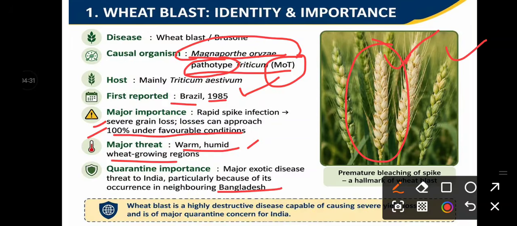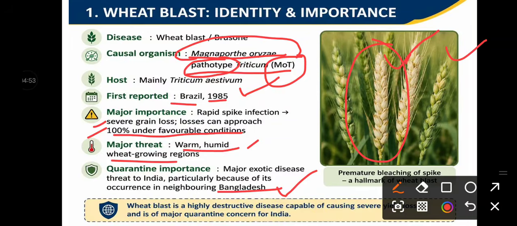In 2016, an epidemic of wheat blast was observed in Bangladesh. That's why quarantine measures have been taken to restrict its spread to India, because it was not extensively reported in India. That's why it is a quarantine importance disease for India.